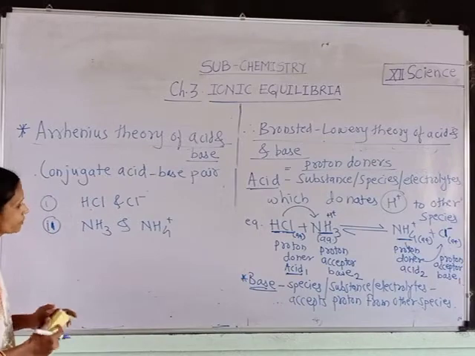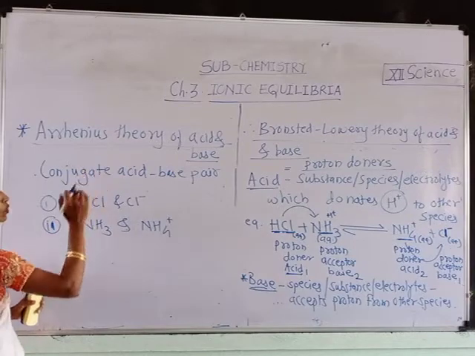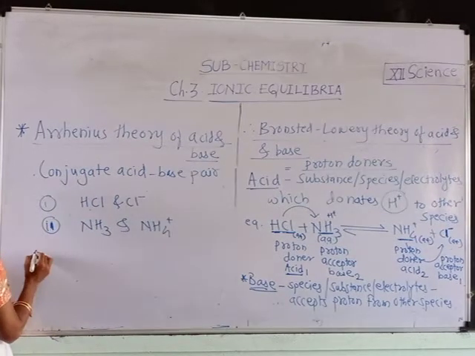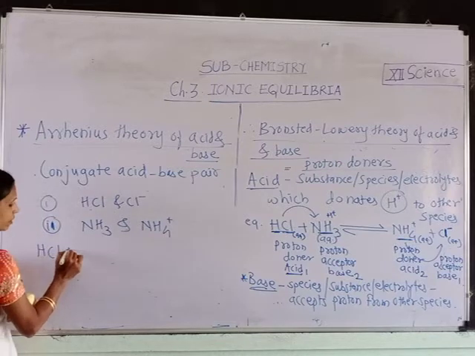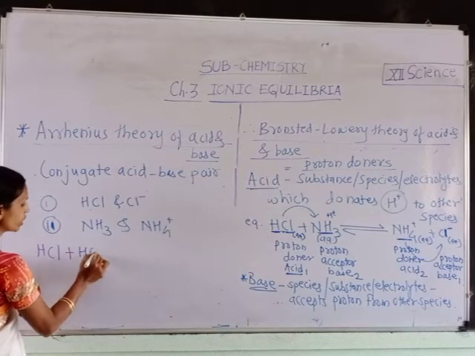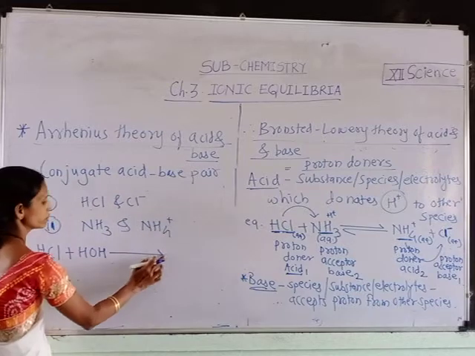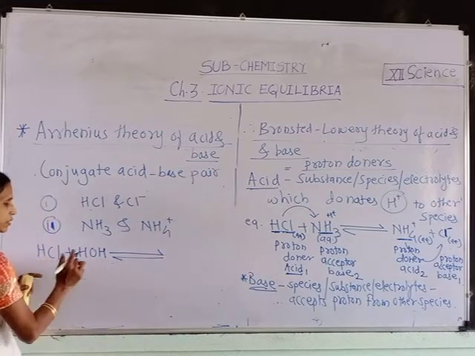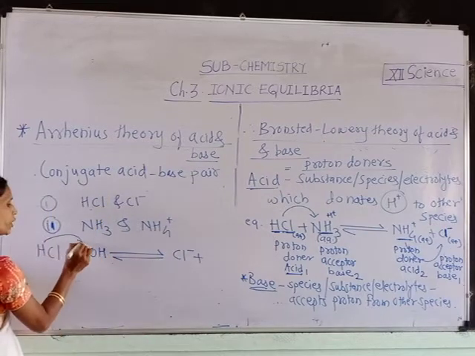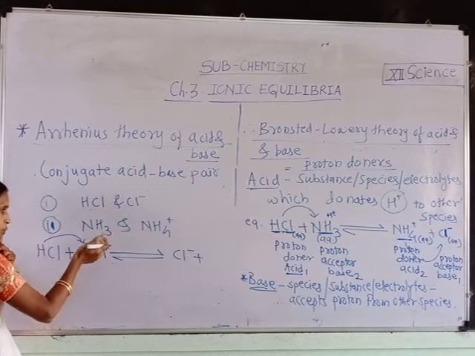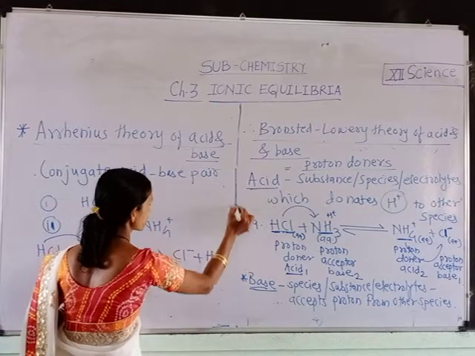Then one more example I am going to discuss with you according to Bronsted-Lowry theory, that is when HCl reacts with water, or HCl dissolved in water, it dissociates to give Cl minus, and H plus ion is donated to the water, and the H plus ion is accepted by the water molecule to give H3O plus.